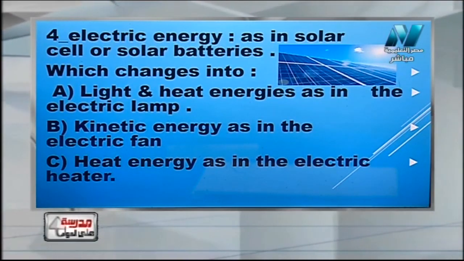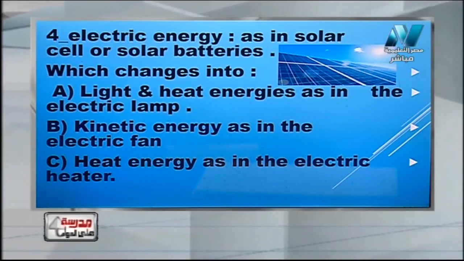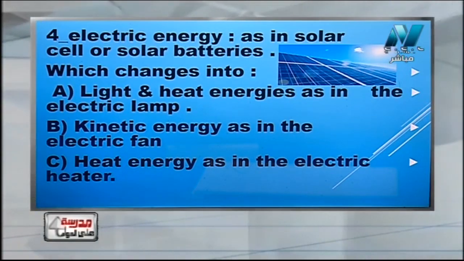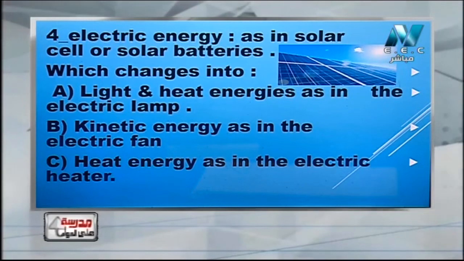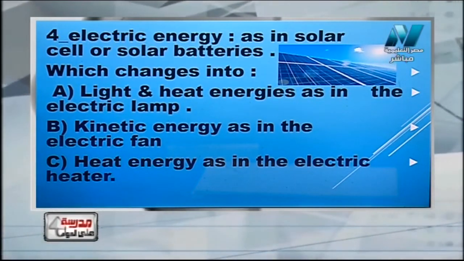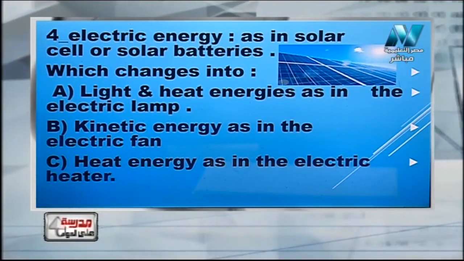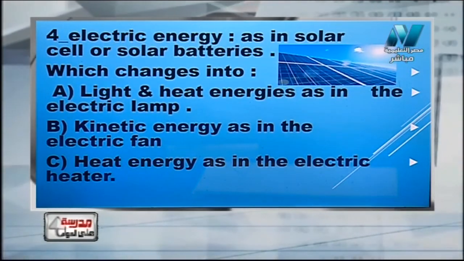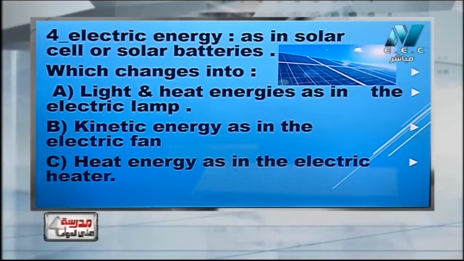Electric energy changes into kinetic energy, as in the sewing machine, electric fan, and all motors. And also we can change electric energy into sound energy, as in the electric bell. You just press the button, and electricity changes into sound.